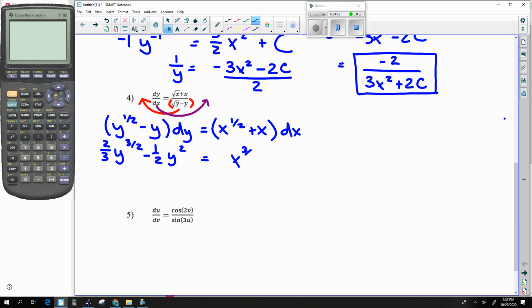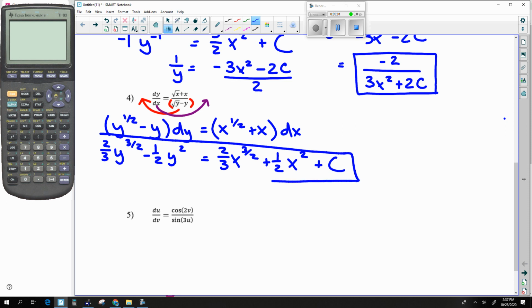X to the 3 over 2, so that's a 2/3. X squared, so this is a 1/2, and then this plus c. If it's easy enough, solve for y, go ahead and do it. And this is where I leave the problem right here.